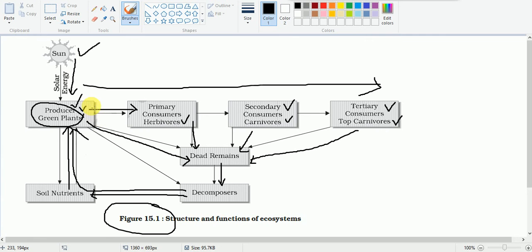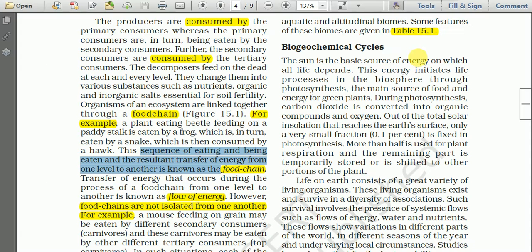That means energy is transferred from plants to these herbivores, and again after eating these herbivores, the secondary consumers, carnivores, get energy transferred from the primary consumers, and likewise from the secondary consumers to the tertiary. And from the plants again energy is transferred here, and from here again. So in this way, energy is transferred from one level to another level.